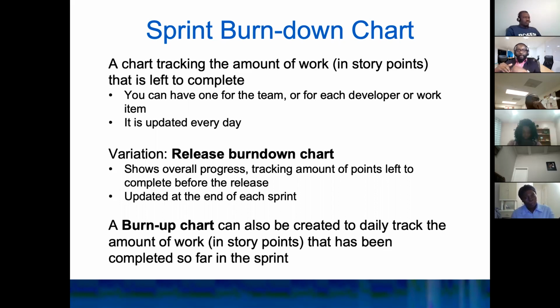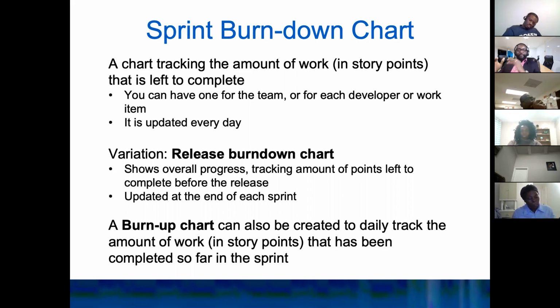And the burn down is showing you how many stories or story points are left. And the two charts, if you do some calculation, you can figure out the information on each of those charts easily.